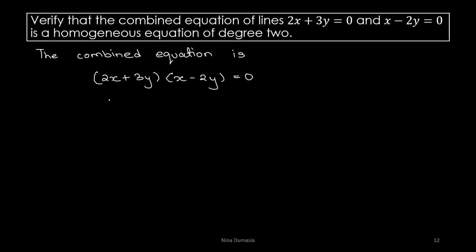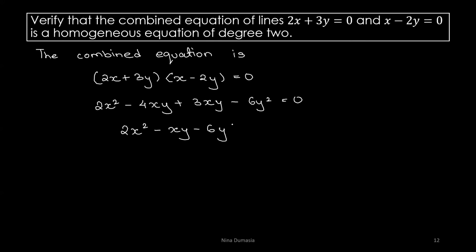Okay, let's multiply. So we get 2x square, then 2x into -2y means -4xy, plus 3xy minus 6y square is equal to 0. Okay, on combining we get 2x square minus xy minus 6y square is equal to 0. Okay, and this is a homogeneous equation of degree 2.